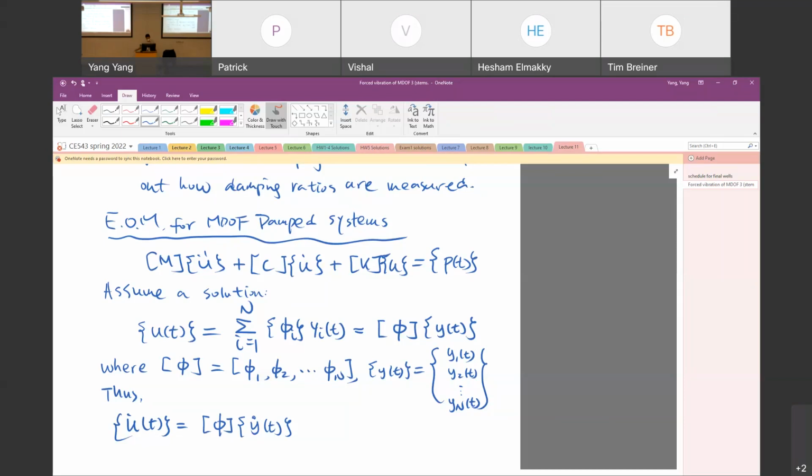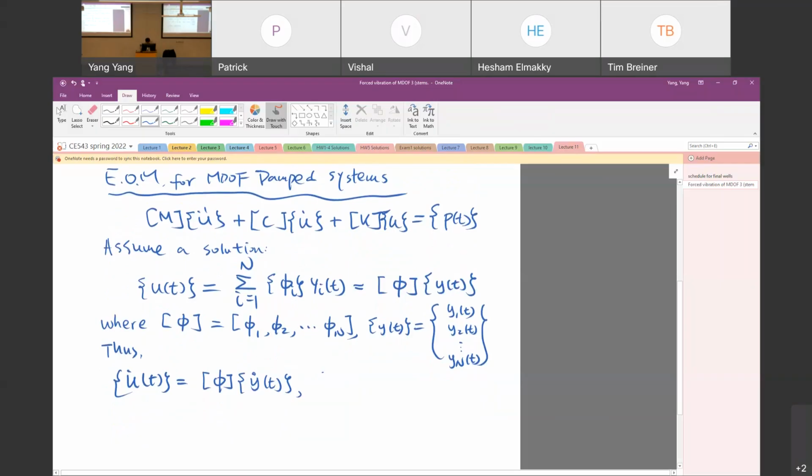Because the modal shape matrix is time independent, the only derivative we need to take is with respect to y. Similarly, the acceleration can be expressed as the modal shape matrix times the second derivative of y.